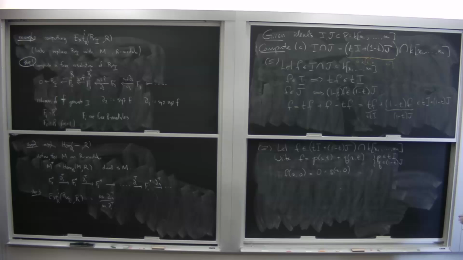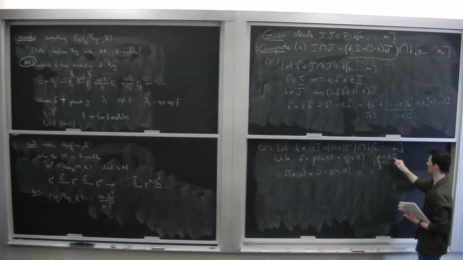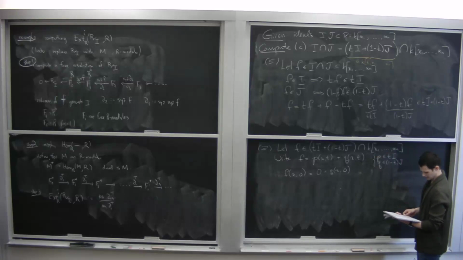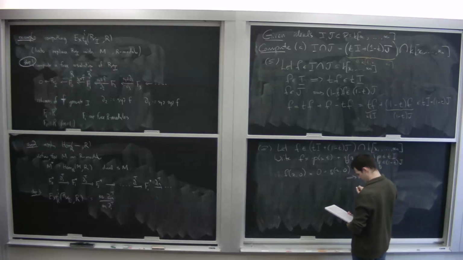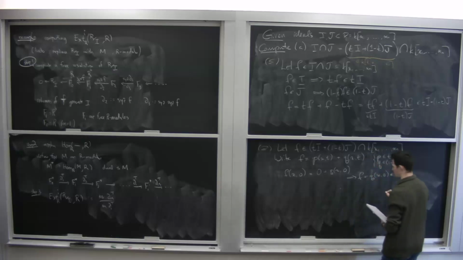So when we have an element of t times I, this whole polynomial vanishes when we plug in t equals 0. And this is just an identity of polynomials, no mod anything. So this tells me that f, which is q of x,0, is in J.